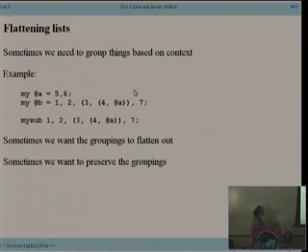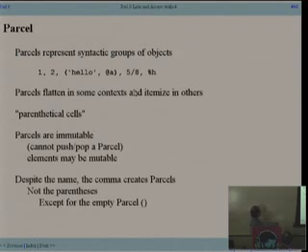So here we see we have the same syntax here. Sometimes we want the groupings to just flatten out. Sometimes we want to preserve the groupings as they were written by the programmer. So to handle that, we have these things called parcels. All right? So parcels represent syntactic groups of objects. So here I have a parcel, this whole thing. This parcel has 5 things in it.